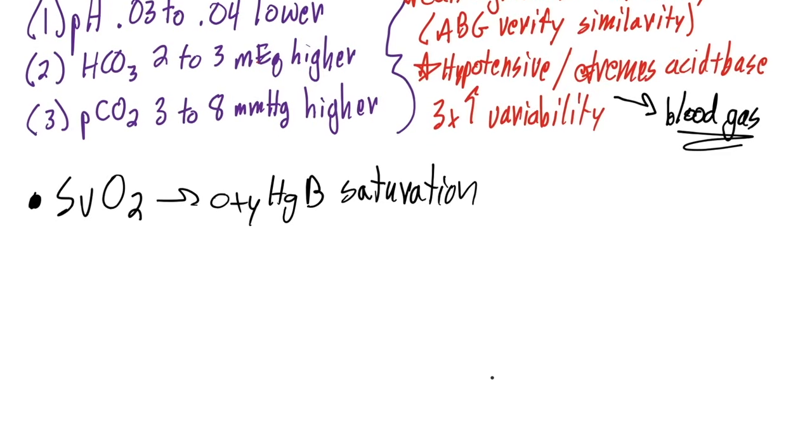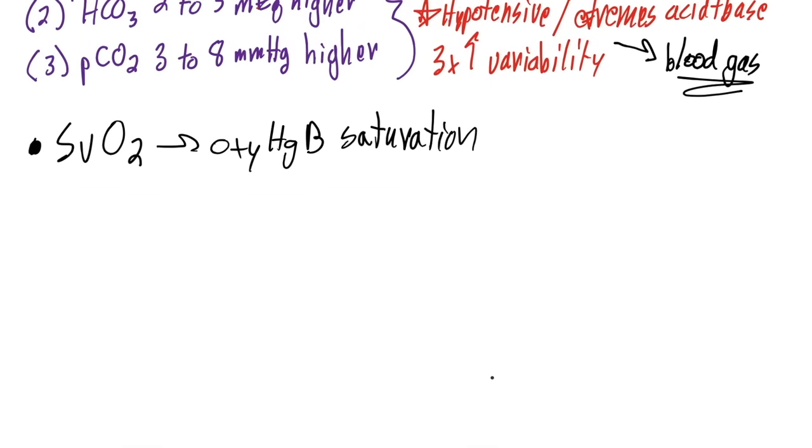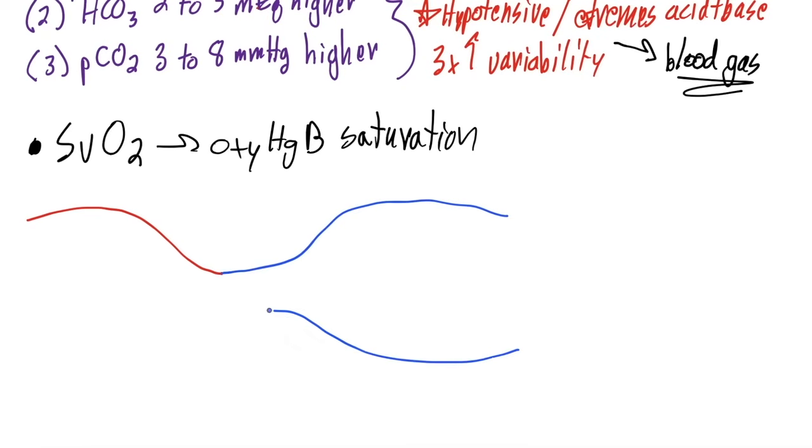And the SVO2 is part of a VBG that is not just used to translate to an ABG. It's a part of the VBG that you actually need a VBG to get. For all these other measures, an ABG is always better, but for this, a VBG is actually what you're trying to get.